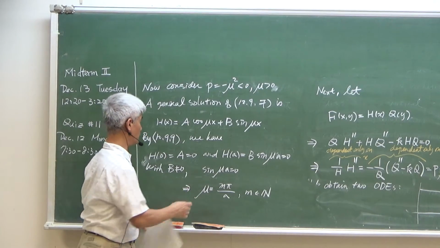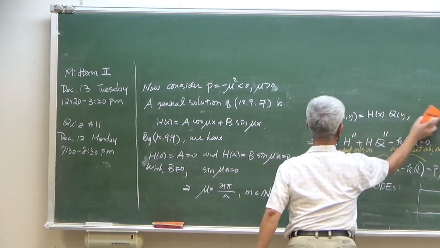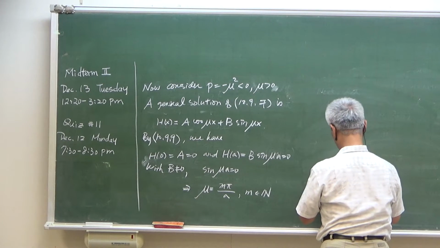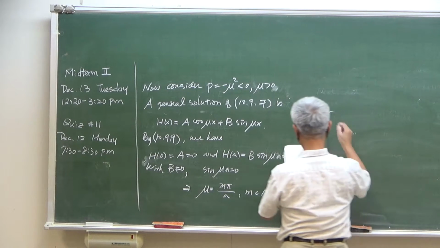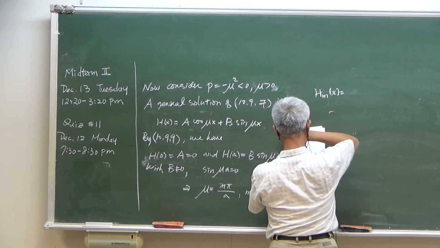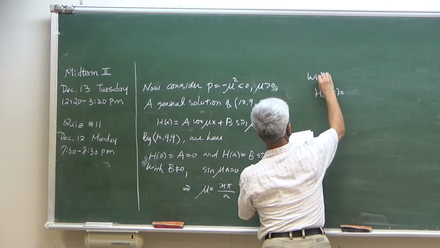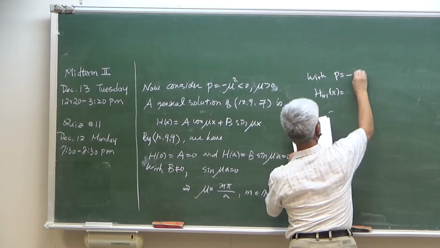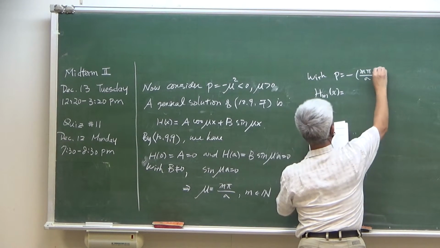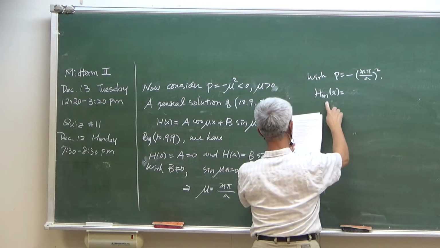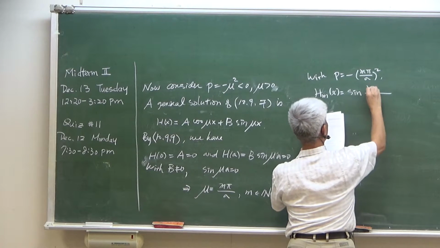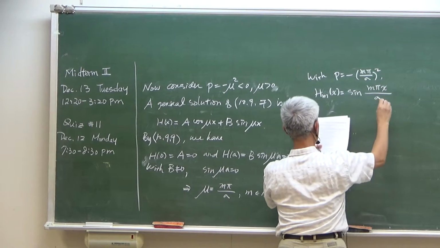So just as before, for h_m of x, with p equal to minus (m pi divided by a) square, we have a solution which is h_m of x equal to sine m pi x divided by a.